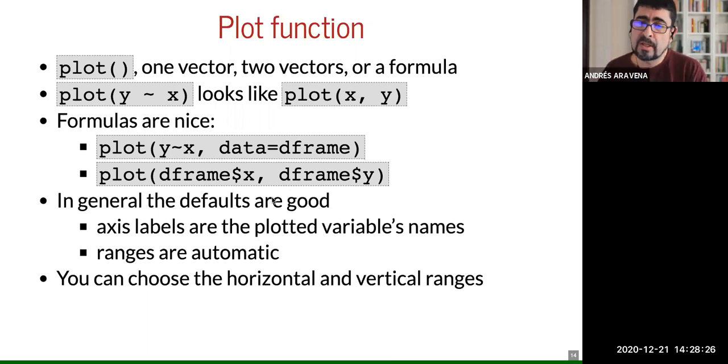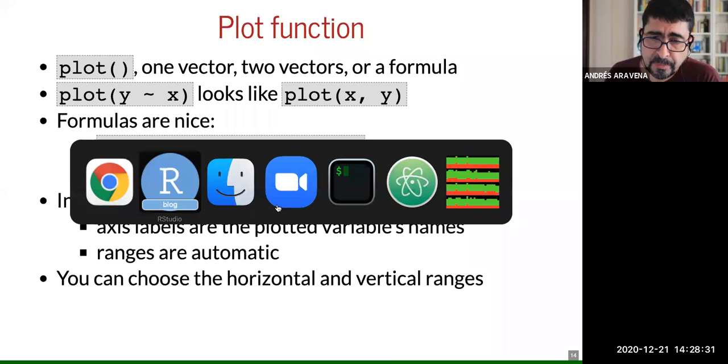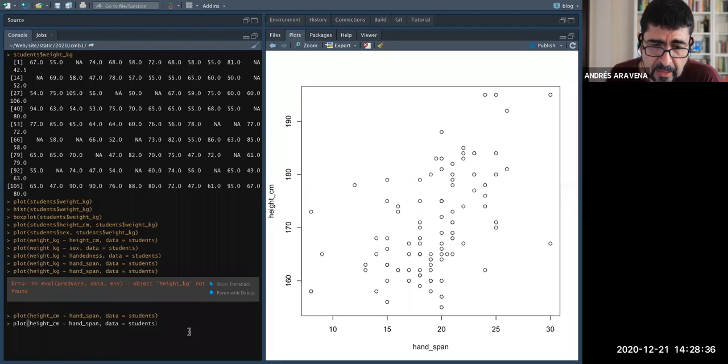And let's play with the horizontal and vertical range. For example, let's say that we believe the x limit is over 10. I don't believe that people have hands less than 10 centimeters, and I also don't believe 30.